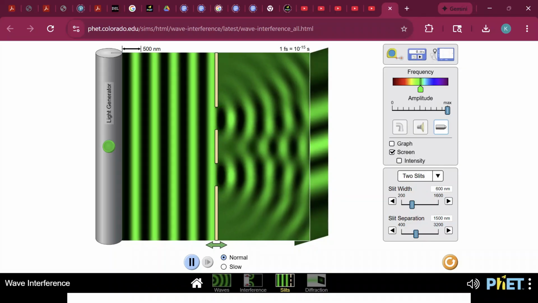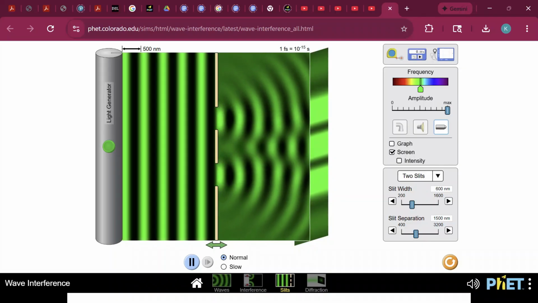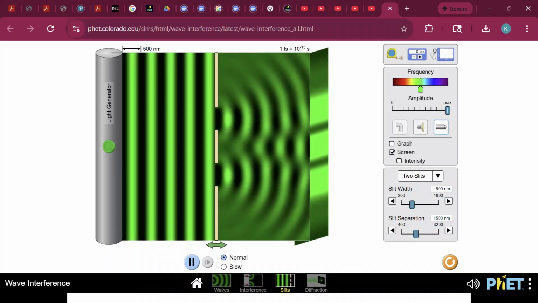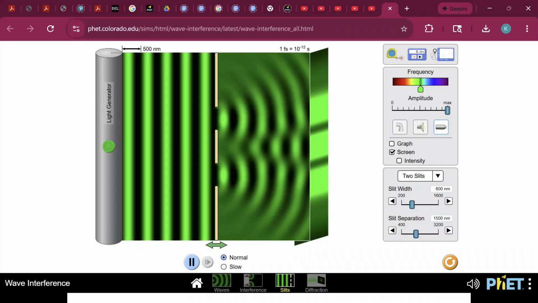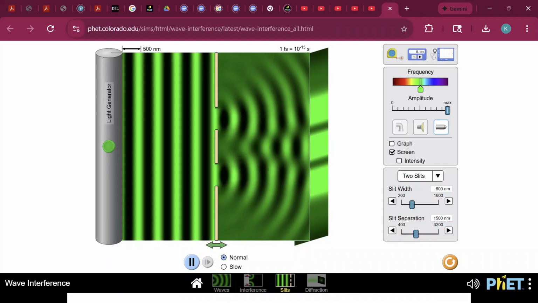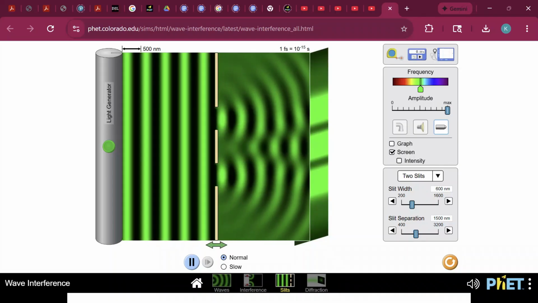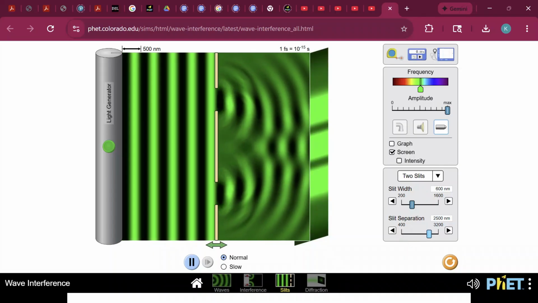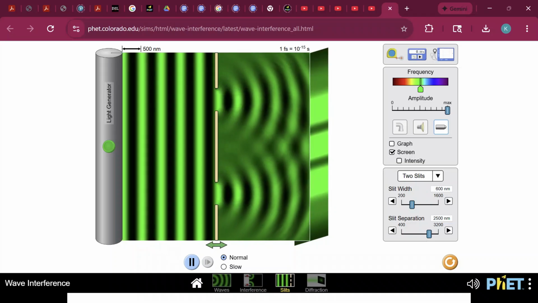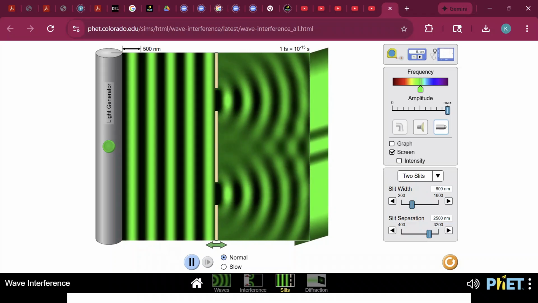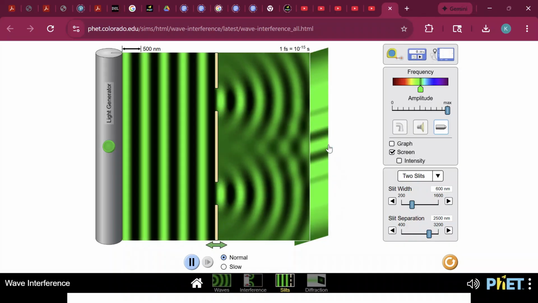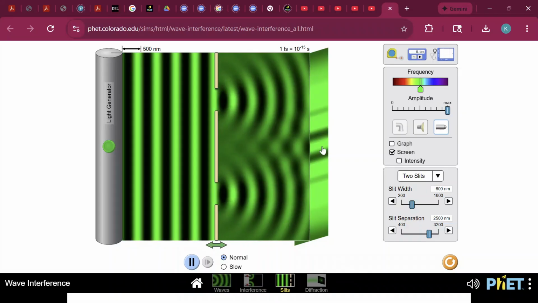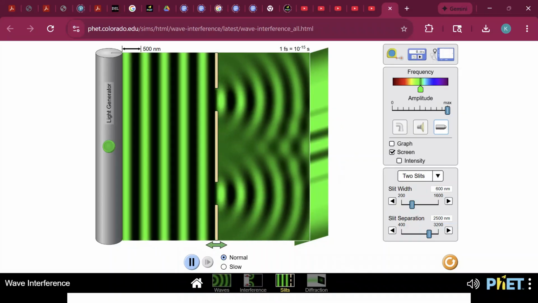So if I was to change, say, the width between the slits, I can see that my pattern changes. As the width of those slits gets bigger, more light passes through, and I get brighter bands. Now, if I was to change the separation of the slits and keep those slits the same distance apart, my bands are going to broaden, and I get this smaller section with bigger gaps in between.